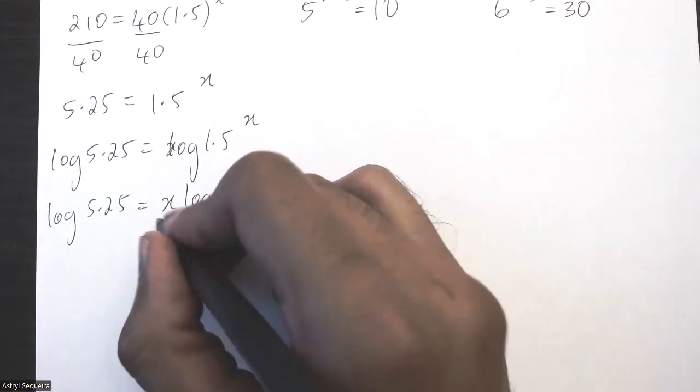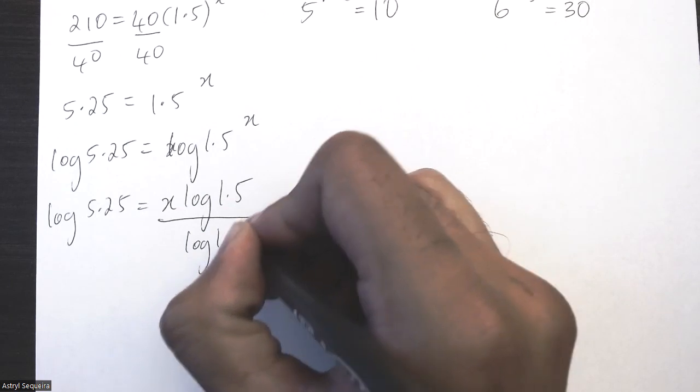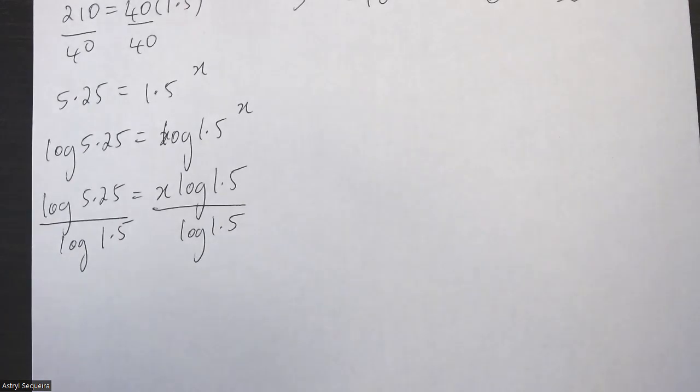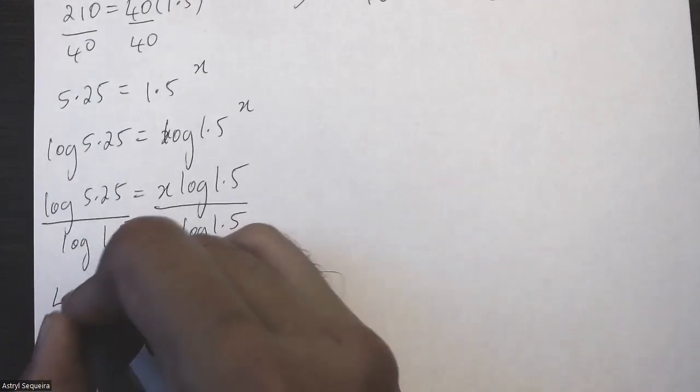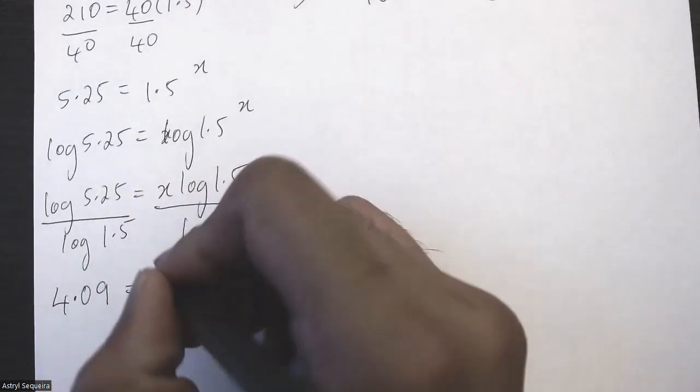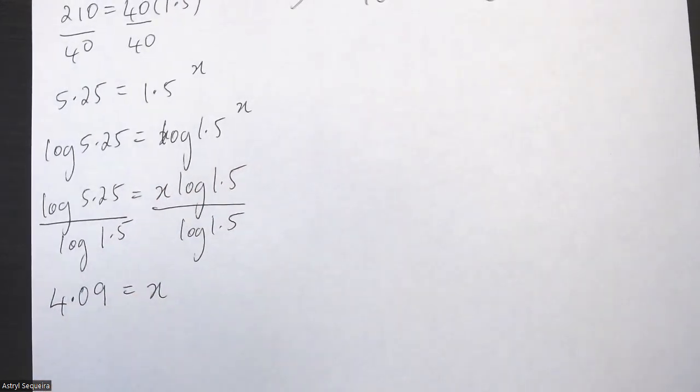Finally, I'm going to divide both sides by log 1.5. And I get 4.09 if I round to 2 decimal places is x.